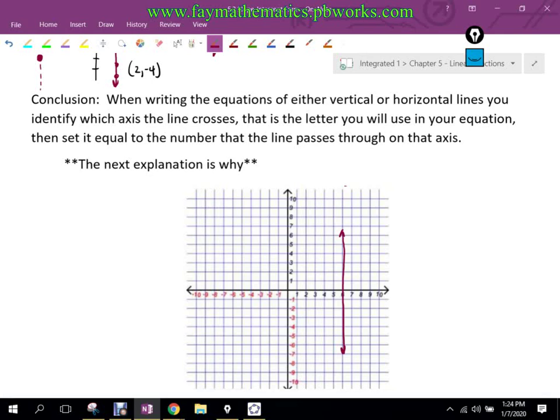Yes. I know it passes through the x-axis, so I write x, and the value that it passes through is 6. So x equals 6 is the equation of that line. We do the same thing up here, going through 9. There I'd write y equals 9, because no matter what, the y value on that line is always 9. Is that something we can do?